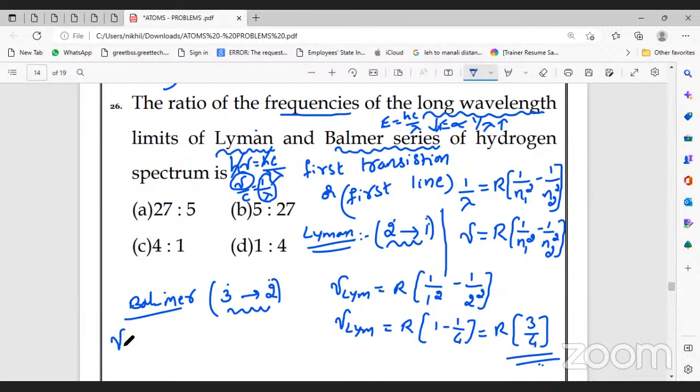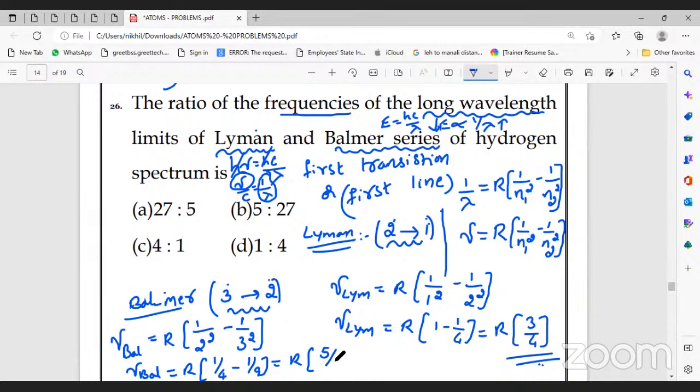Now, what is the frequency of the Balmer? Similarly, R into 1 by 2 squared minus 1 by 3 squared. So nu Balmer is R into 1 by 4 minus 1 by 9, that is R into 5 by 36. This is the frequency of the Balmer series.